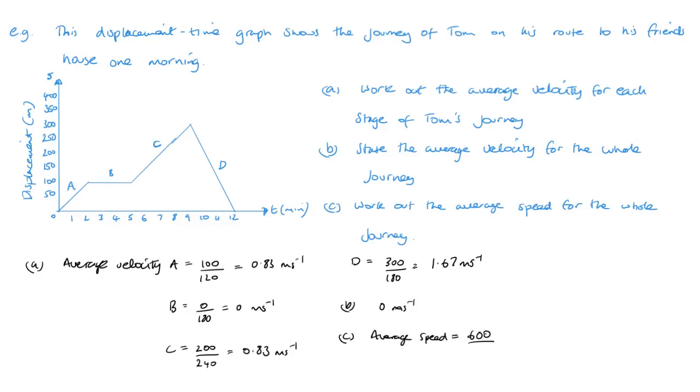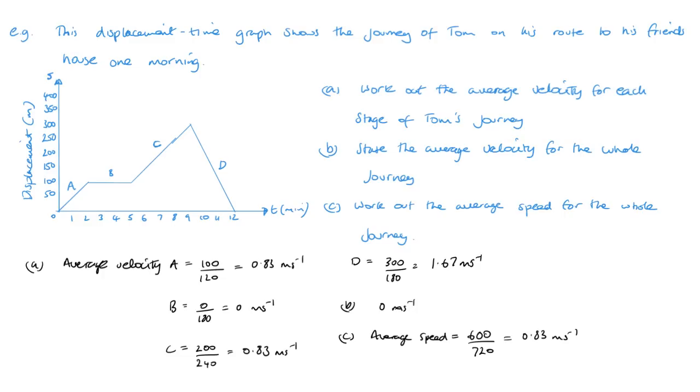And that took him 12 minutes or 720 seconds. And 600 divided by 720 is, lo and behold, 0.83 meters per second. So that was his average speed.